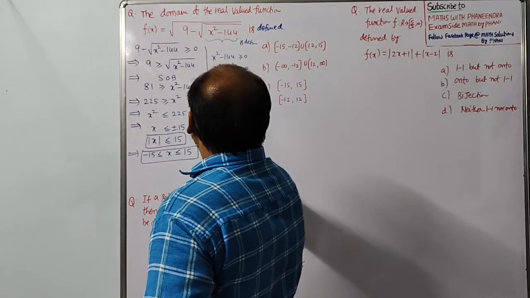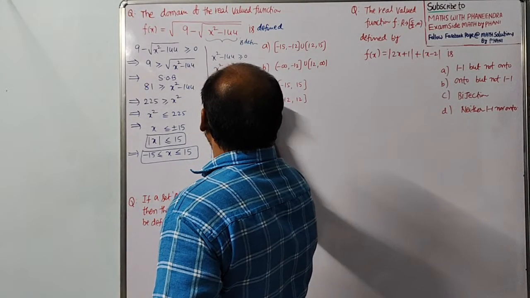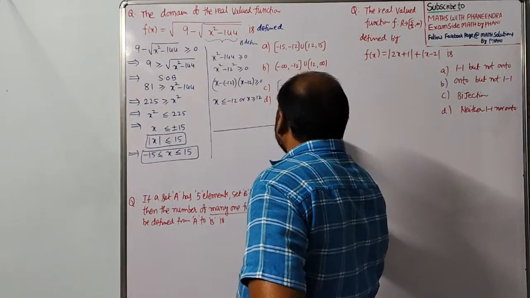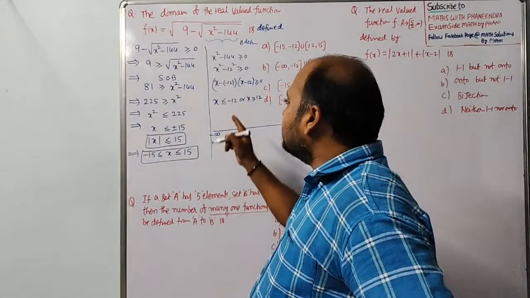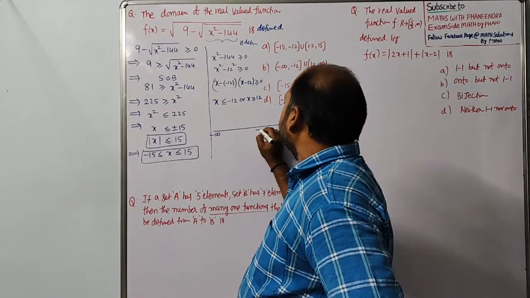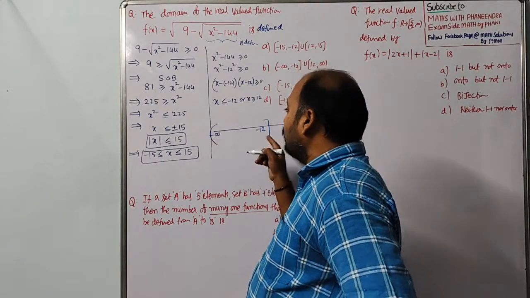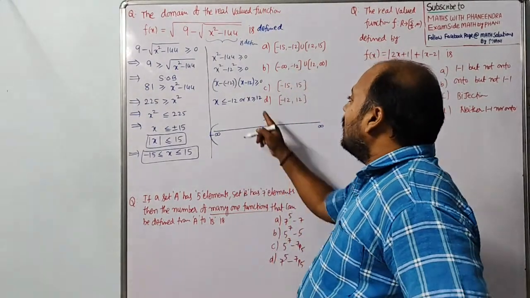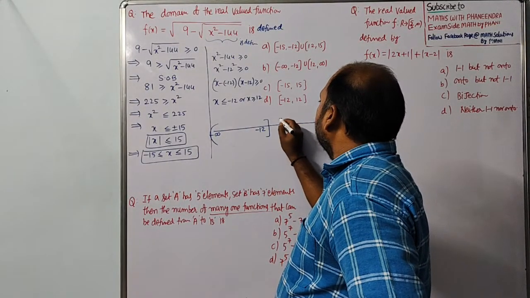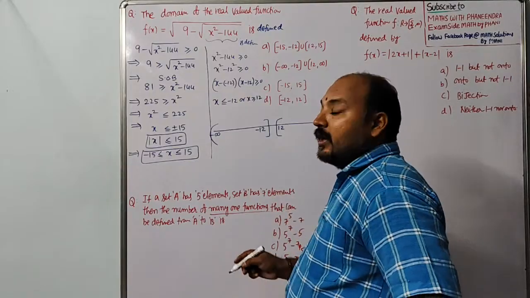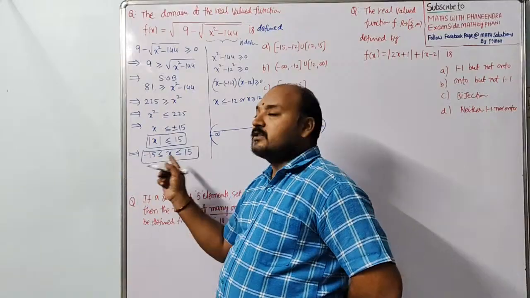So now x is less than or equal to minus 12 or x is greater than or equal to 12. So on the real number line, this is minus infinity, this is plus infinity. X is less than or equal to minus 12 means open minus infinity to closed minus 12. X is greater than or equal to 12 means closed 12 to infinity. And not only this one but also x lies between minus 15 and plus 15.